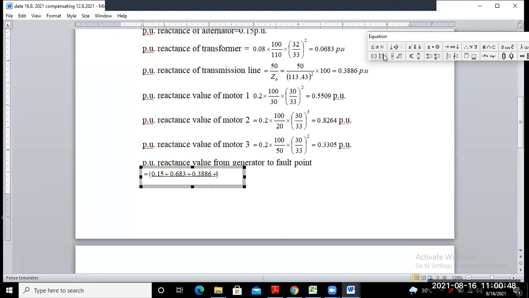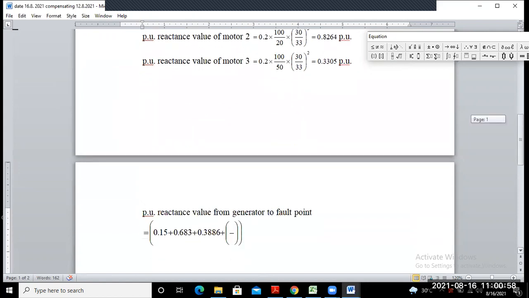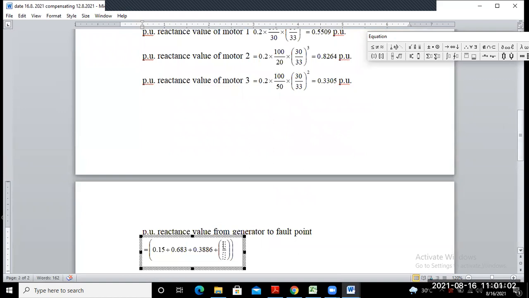plus let's find out the equivalent of 1 by 0.5509 plus 1 by 0.8264 plus 0.3305.